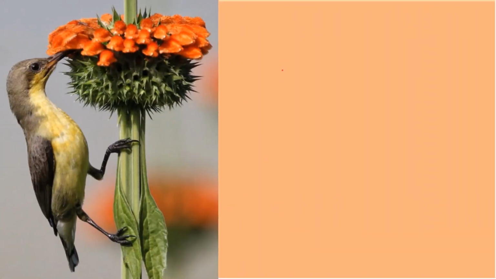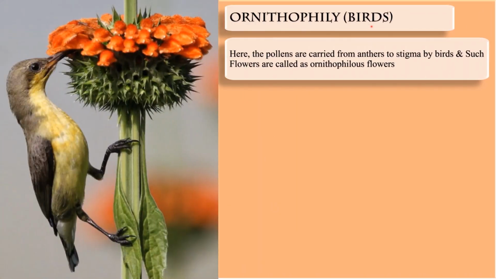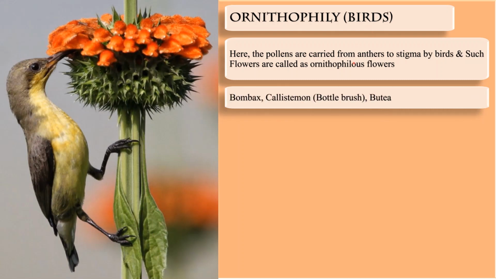The second example in biotic pollinators is ornithophily. Here the pollens are carried by birds, and such flowers are called ornithophilous flowers. Bombax, Callistemon, Butea are some examples of it.